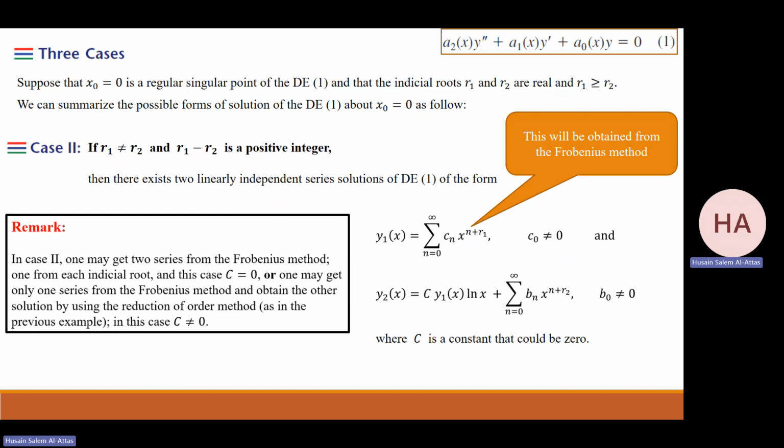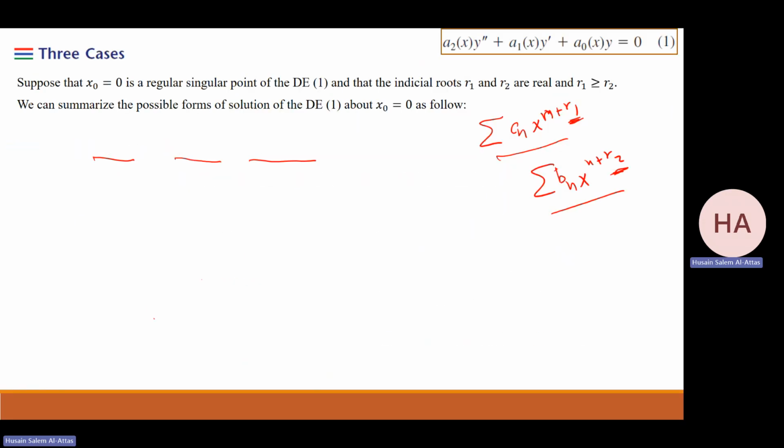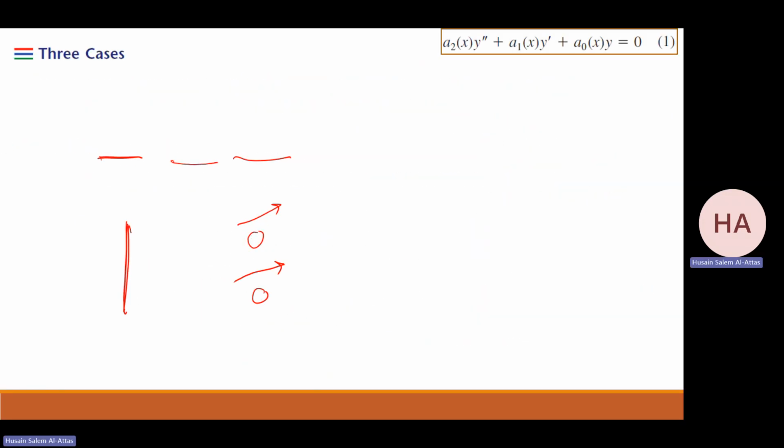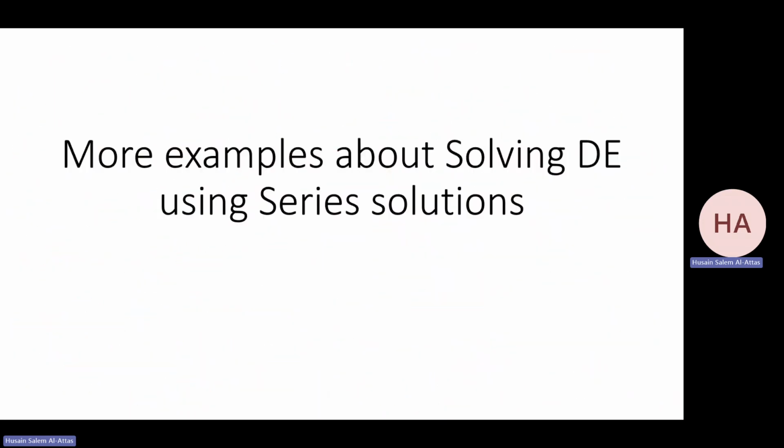So this will be obtained from Frobenius. One may get two series from the Frobenius method, one for each root. In this case C equals 0, as I said, or one may get only one series and obtain the other by using the reduction of order, as in the previous example. So this is what I want you to know. Mainly we are doing this calculation, but as I said, usually there are three cases.